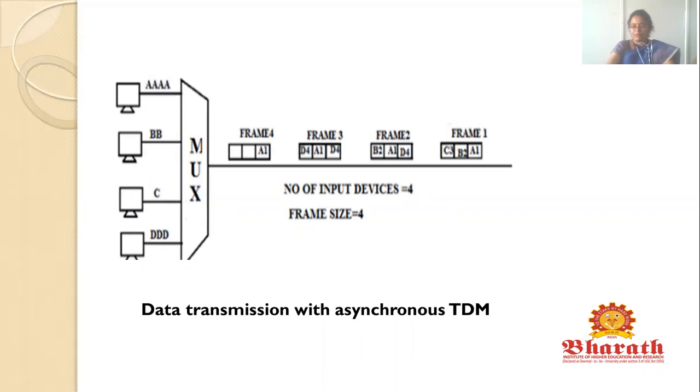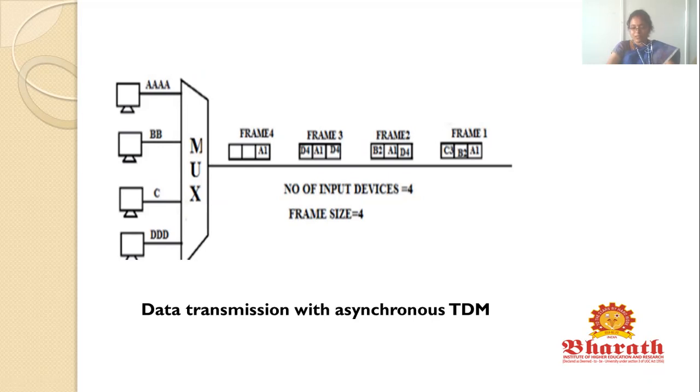In this method, the time slots are flexible and the total capacity of the input lines can be greater than the link capacity of the channel. In synchronous time division multiplexing, if there are n input lines, there must be n time slots.